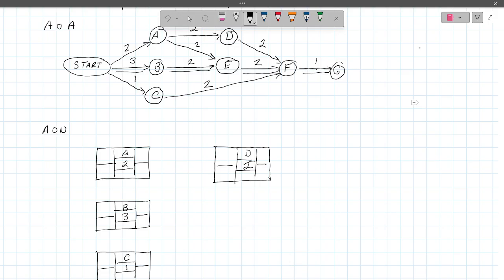Okay. I need a box for E. So as long as E's not preceded by D, I can stick it underneath D here.